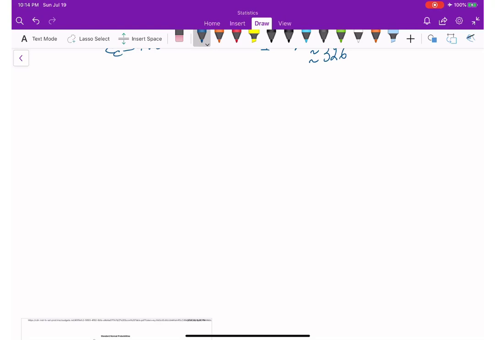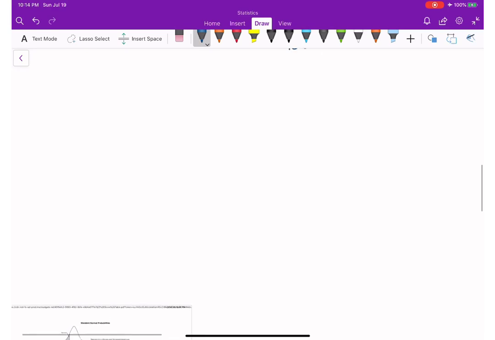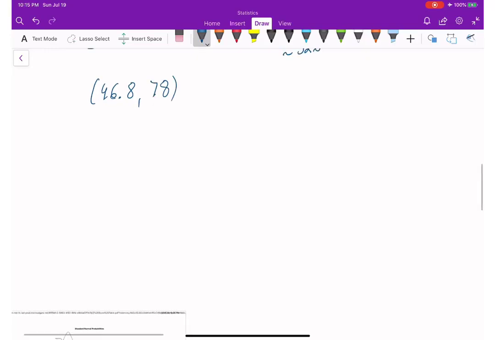Okay, so we have a store manager who reports a confidence interval of 46.8 and 78 when estimating the mean price in dollars for the population of textbooks.